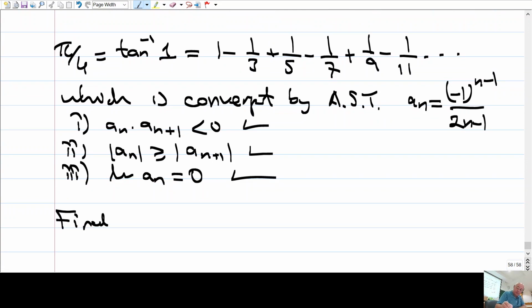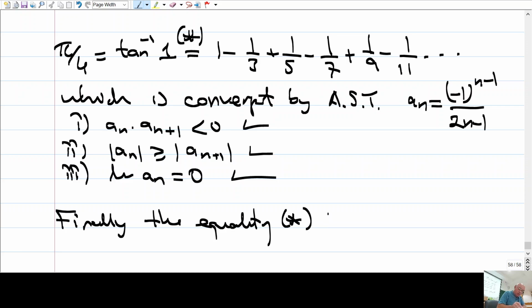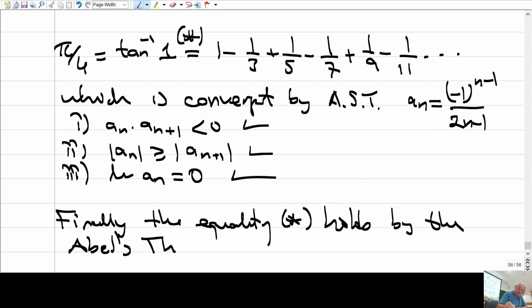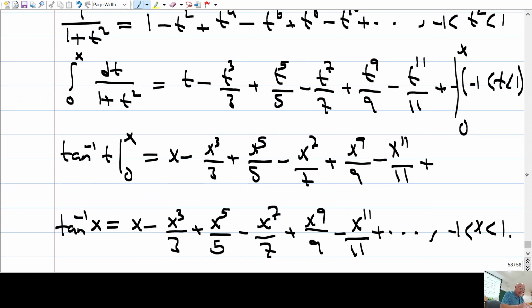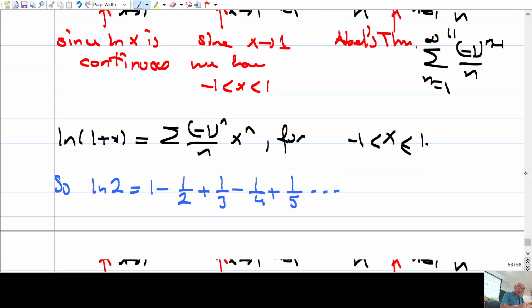Finally, the equality, let's call it star, holds by Abel's theorem. The same reasoning as I said there, right?